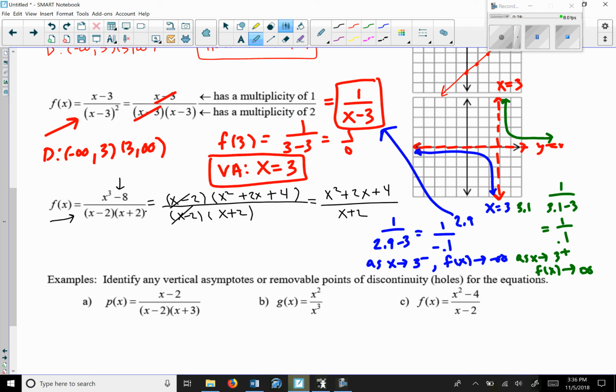If I set both these equal to 0 and solve, I would get x is equal to 2 for this first one, because 2 minus 2 is 0, and x equals negative 2 for this next one, because negative 2 plus 2 is 0. So that means my domain is negative infinity to negative 2, and then negative 2 to positive 2, and 2 to infinity.